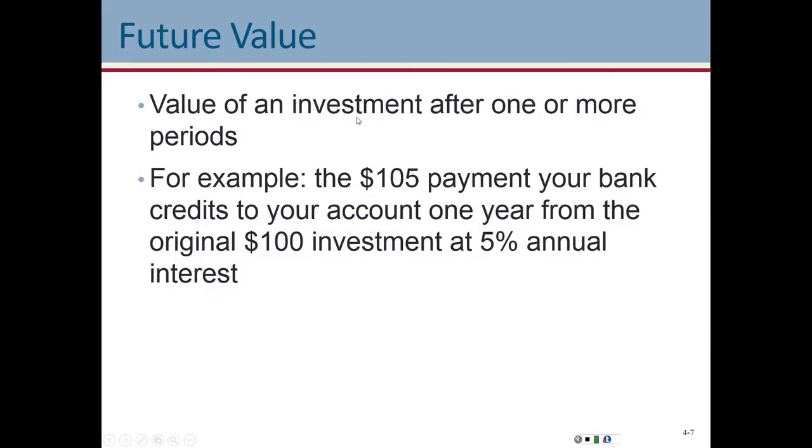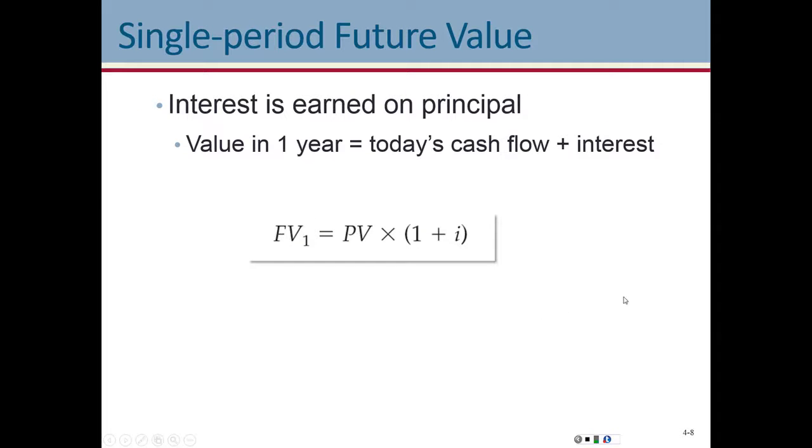This is basically that example: $105 from your bank is the actual $100 that you deposit at the beginning plus a 5% return. So this is a formula that we use to calculate future value.